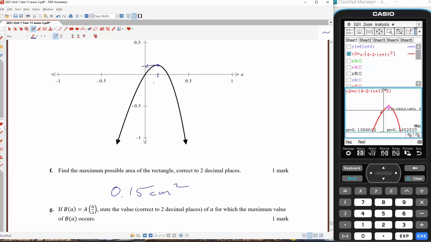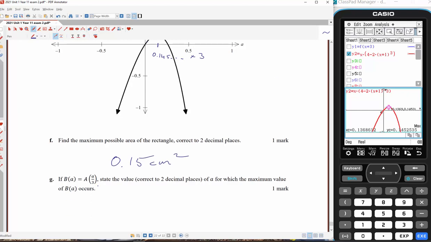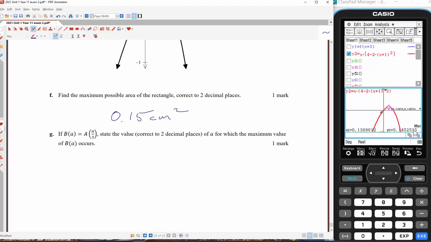So originally this value here was 0.145 whatever it is. When it gets dilated, all that's going to happen is this value here is multiplied by 3. So all I'll do to get this one is note that it's going to be this value here.